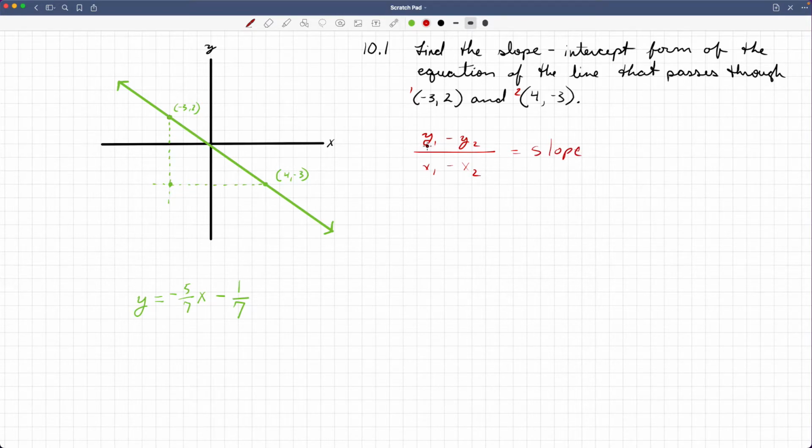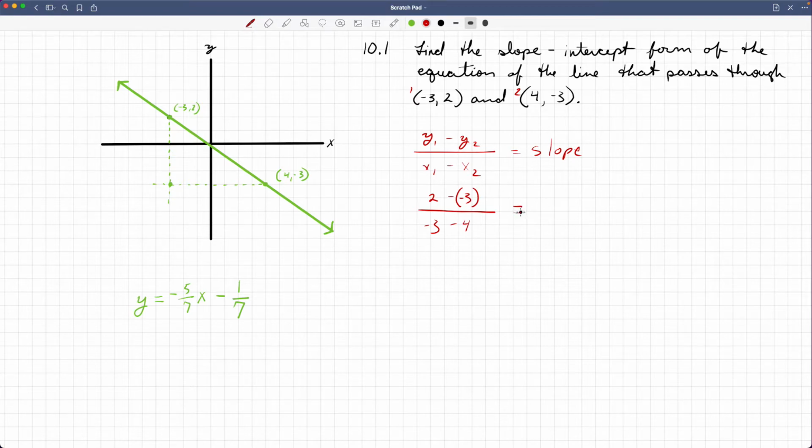So here we have -3. I'm sorry, that's the x. I've got that in the wrong spot. So this will be 2 minus -3, and then x1 is -3, minus 1, and that's going to be -4.